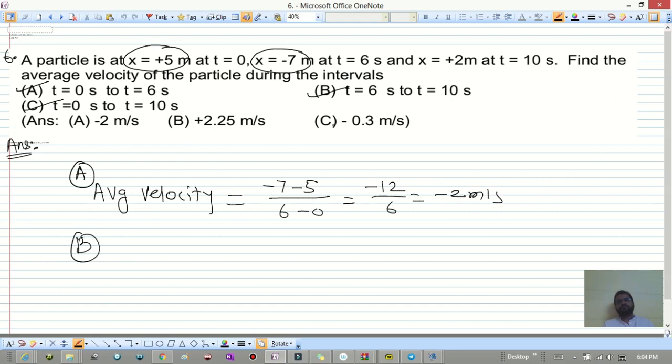Now for B, 6 to 10 seconds, at 6 it is minus 7, at 10 it is plus 2. The average velocity, I'm writing directly now, because displacement is final position minus the initial position.